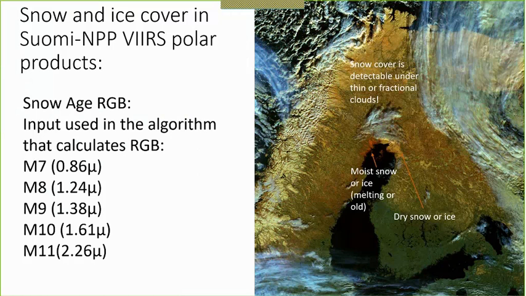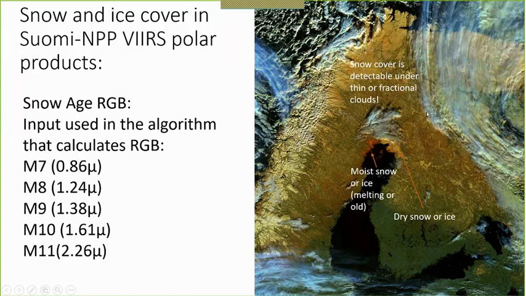It doesn't mean that it's melting. If you see some orange colors, it can also mean that the snow or ice cover is older because of the particle size of the snow or ice when it's getting older. And whenever you see these lighter orange colors, then it means that it's dry or new snow.